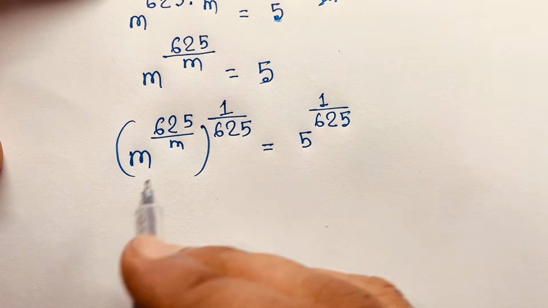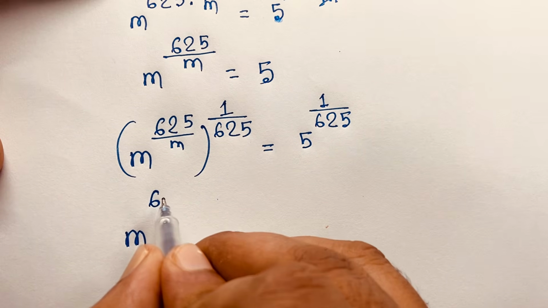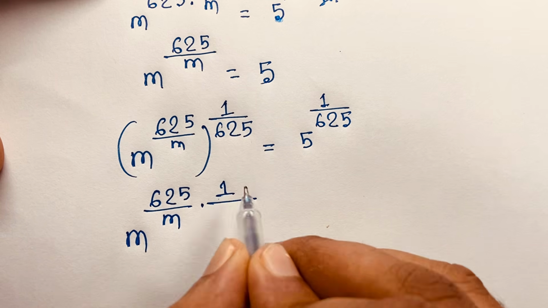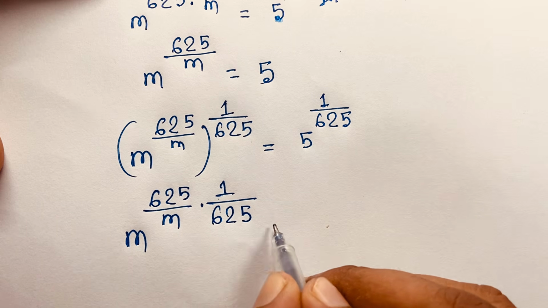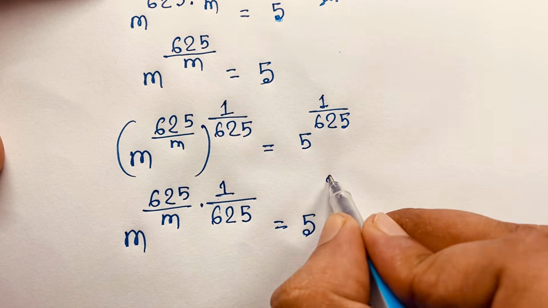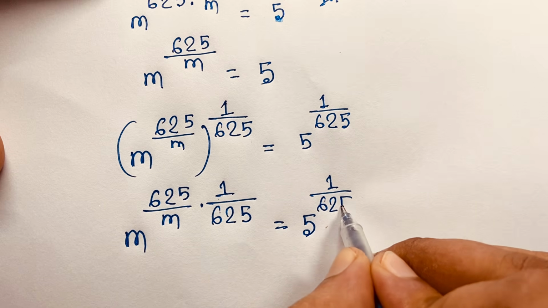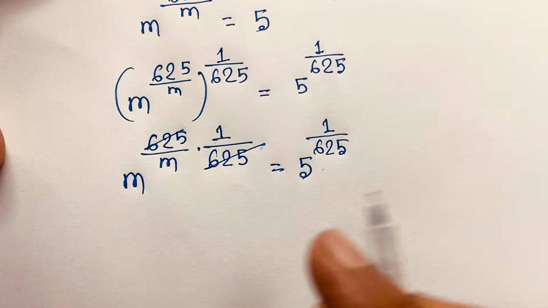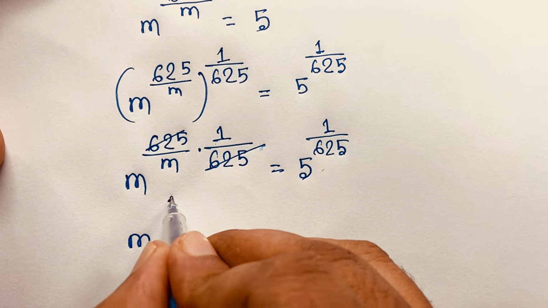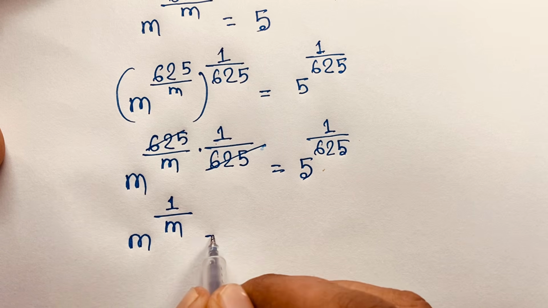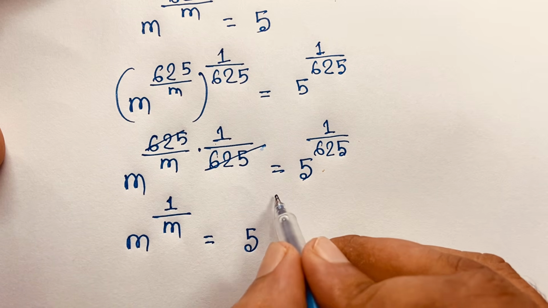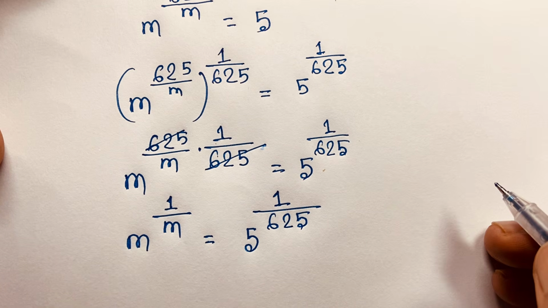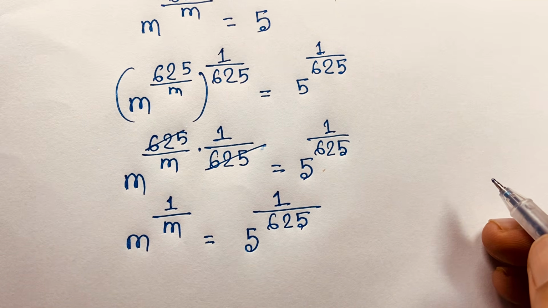Now this time it will be m to the power 625 over m times 1 over 625 is equal to 5 to the power 1 over 625. Now this 625 and this 625 cancel. We'll find m to the power 1 over m is equal to 5 to the power 1 over 625. Now how to find the value of m in this exponential expression?